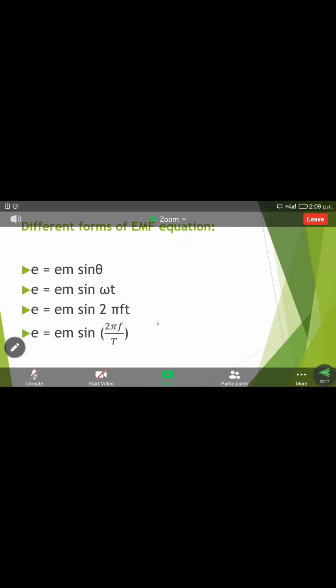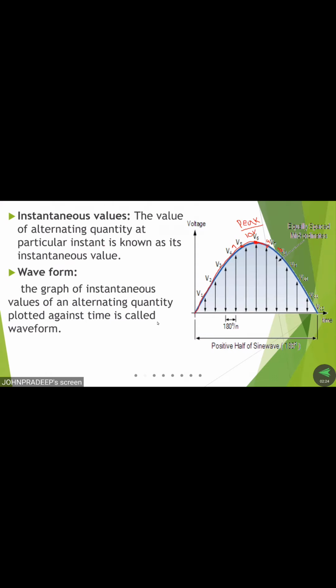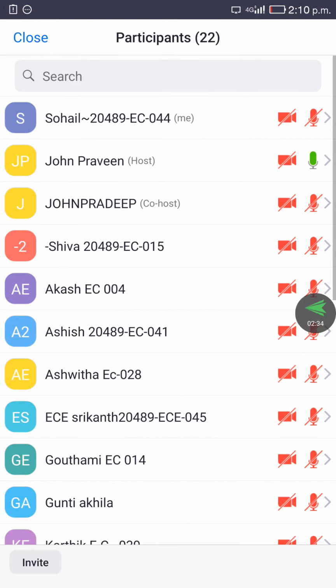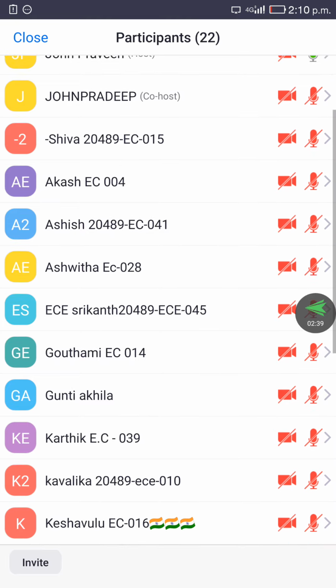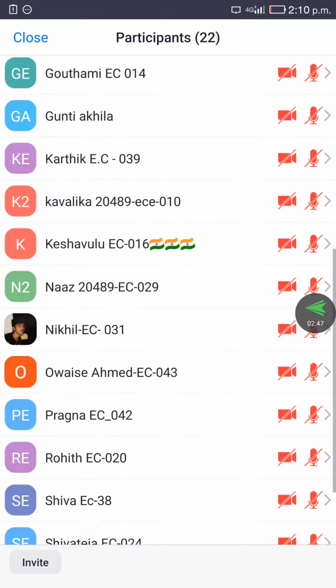Okay? So definitions. First, cycle. Cycle means a set of two alternating quantities: one positive half cycle and a negative half cycle is called a cycle. Instantaneous value is nothing but the value of an alternating quantity at a particular instant. Time period is the time taken to complete one cycle. The units are seconds. Next, frequency.